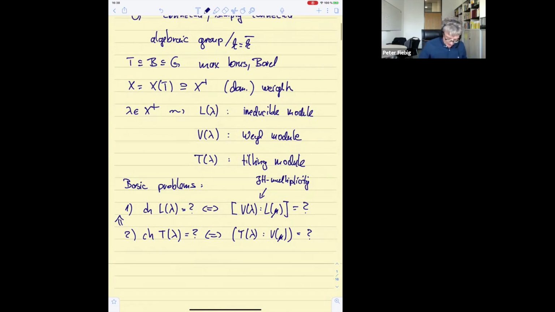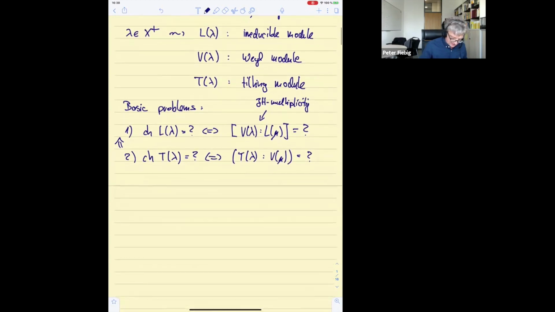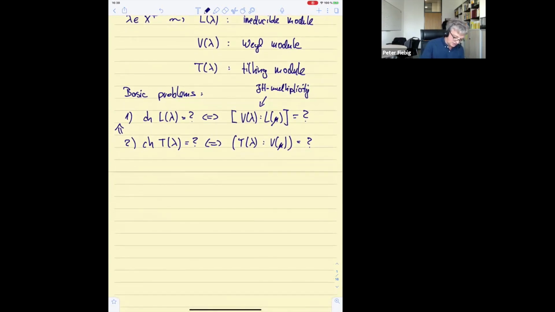So I will discuss these questions in a different framework. Namely, I will translate everything into representation theory of the algebra of distributions supported on G. So in characteristic P bigger than 0, let's just assume that the characteristic of K is now P bigger than 0.